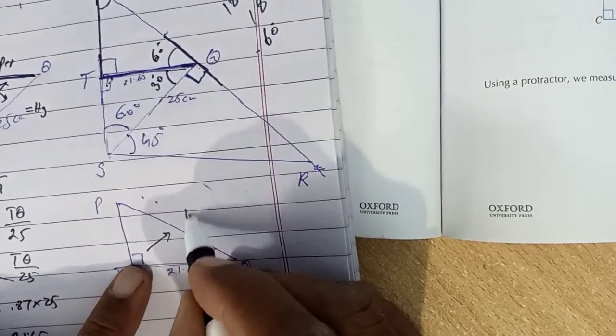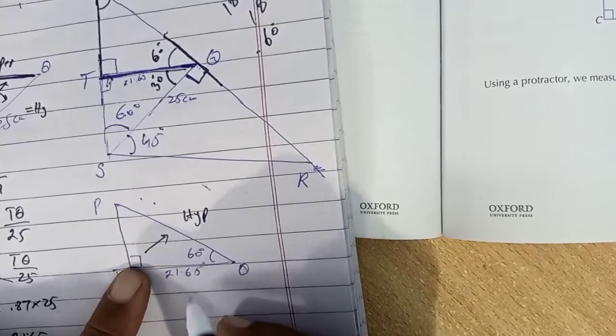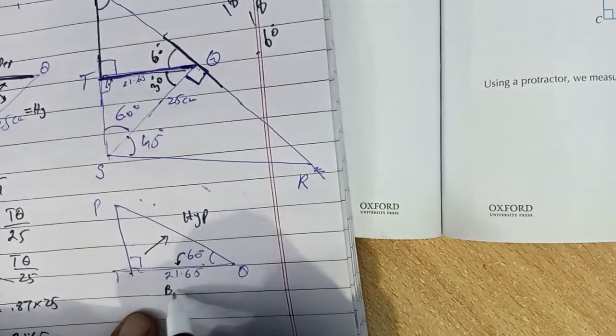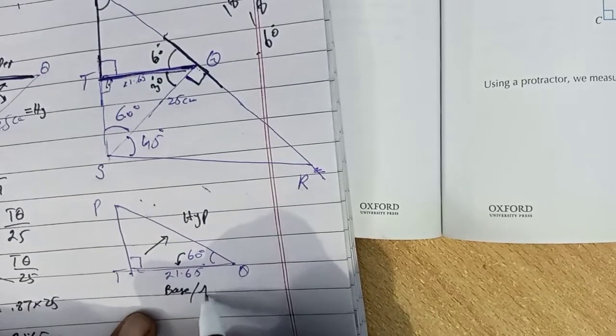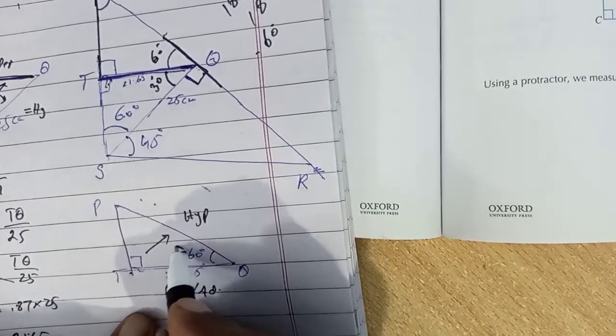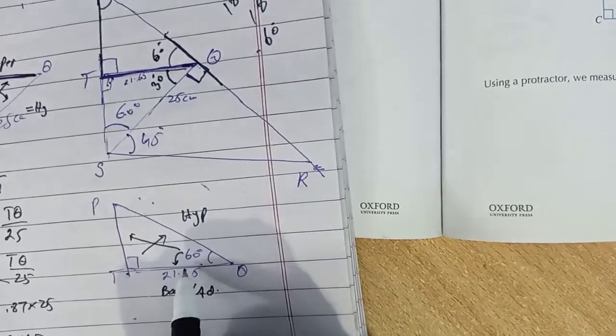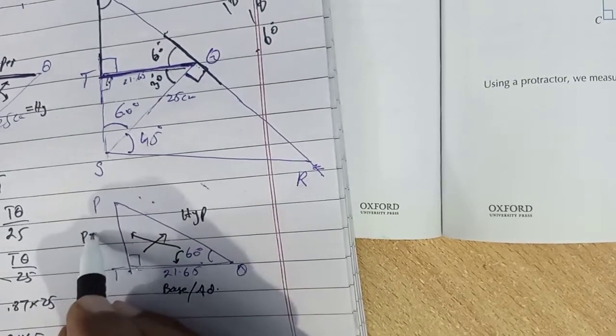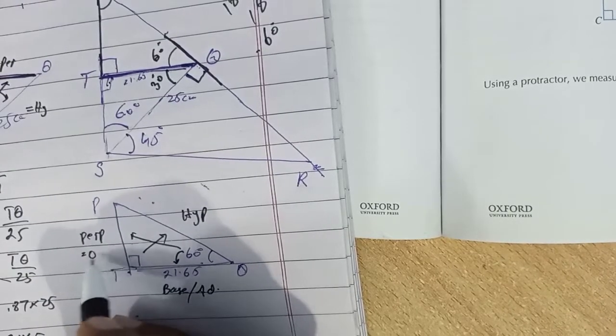The side just opposite to the right angle is the hypotenuse. The given angle is 60. The side adjacent to this given angle is the base or adjacent side, and the side just opposite to this given angle is the perpendicular or opposite side.